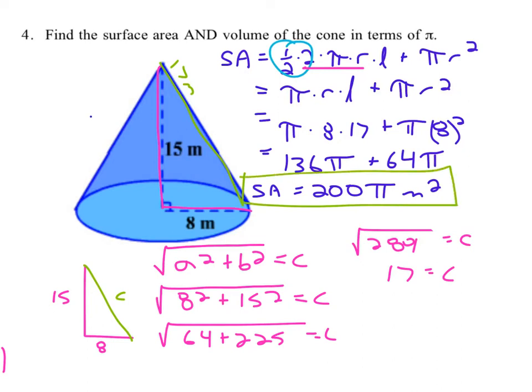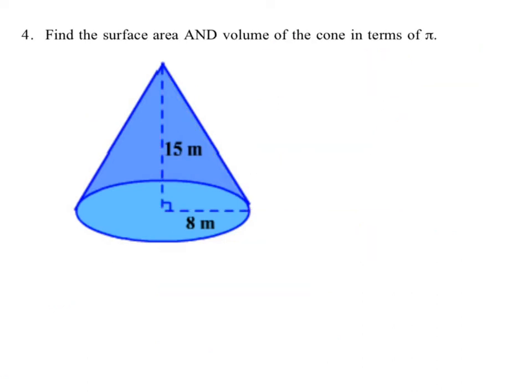Now let's find the volume. Okay, the formula for the volume is 1/3 area of the base times the height. And the area of the base is pi r squared times the height.